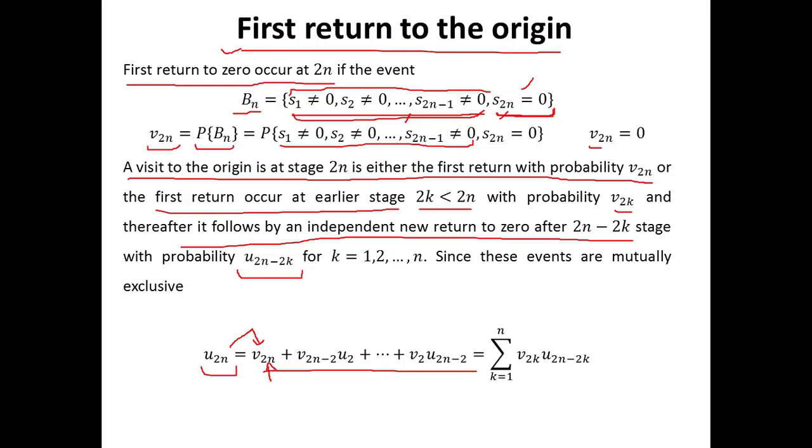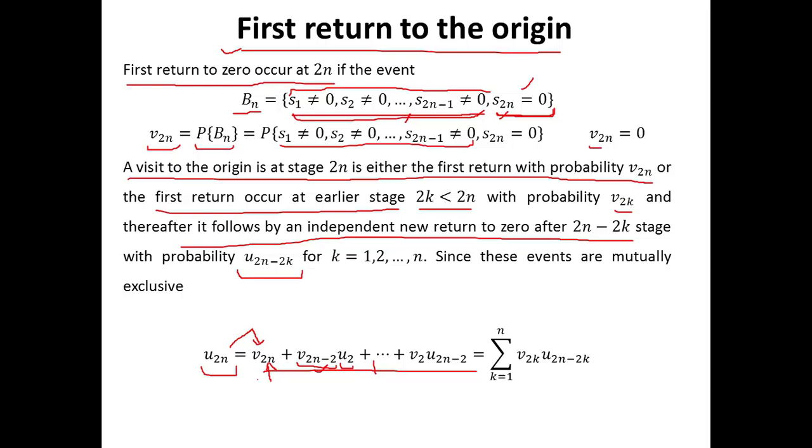Plus first time it is returning to 0 at 2n minus 2th trial, after that followed by u2, meaning after 2 more trials it will again return back to 0. Similarly, the third case will be v2n minus 4 into u4. v2n minus 4 means the first time it returns back to 0 is after 2n minus 4th trial, and thereafter, after 4 more trials, it will again return back to 0.